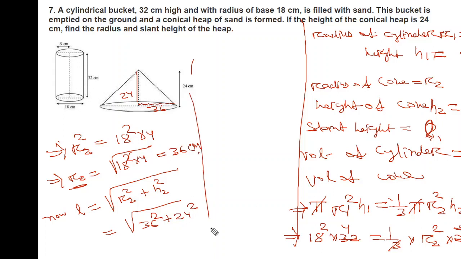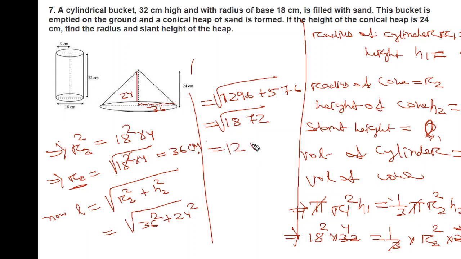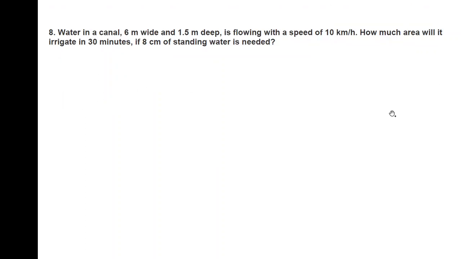Now it will be equal to root over 1296 plus 576. We can add it, 1872 root over, then it will be equal to 12 root 13 centimeter. So this will be the slant height. Okay, so this is the solution. Now we will move to the next one.